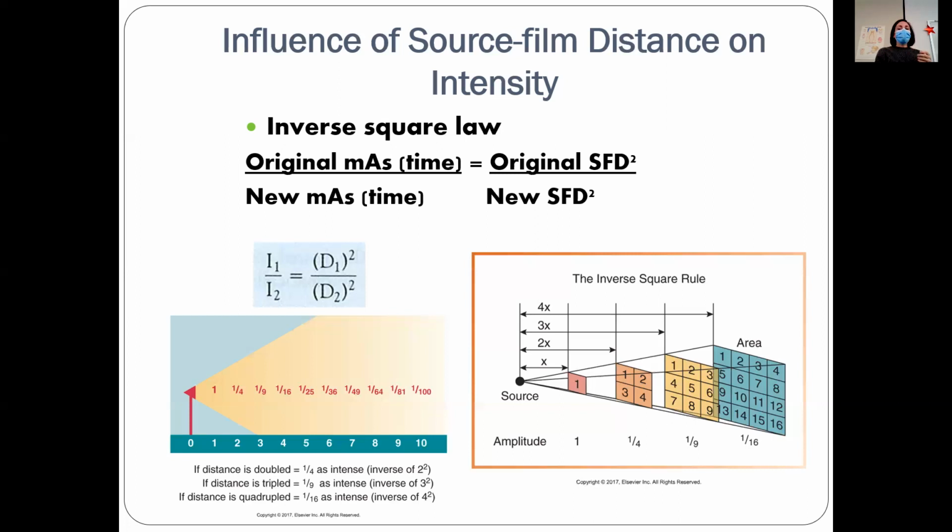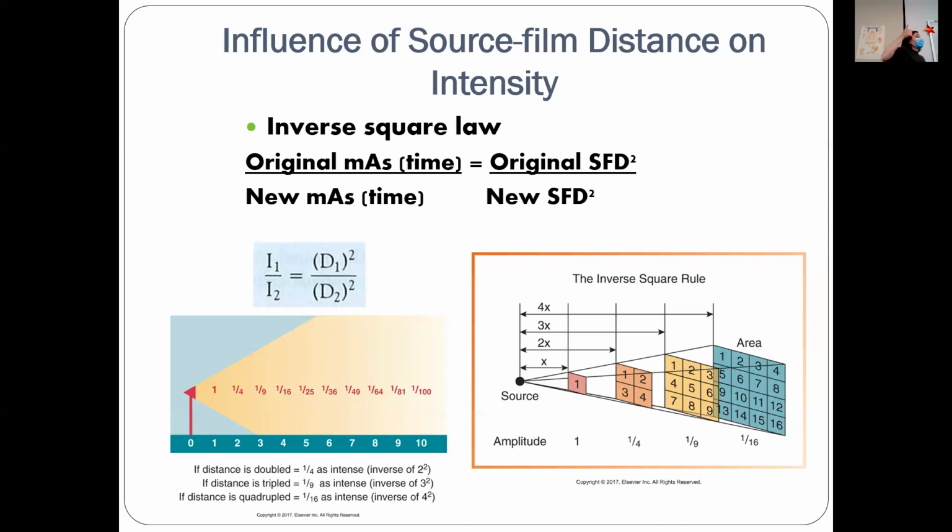The inverse square law says the intensity of the radiation is inversely proportional to the distance it travels. So let's think of the BID. If a BID is real short, then the X-ray beam is more intense. If the BID is longer, your X-ray beam is going to be weaker.